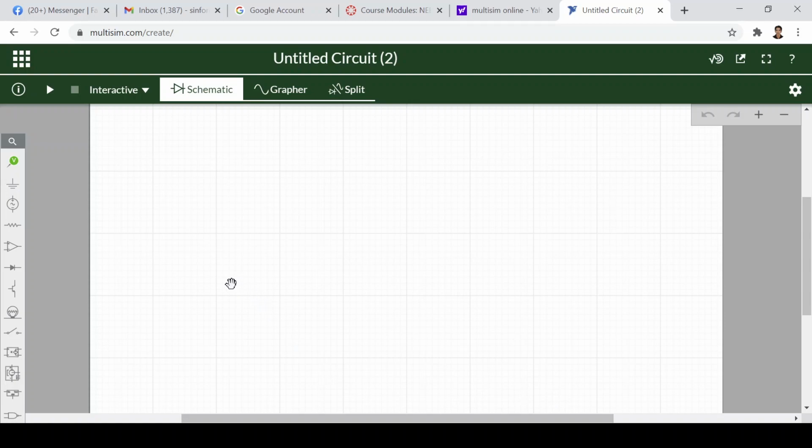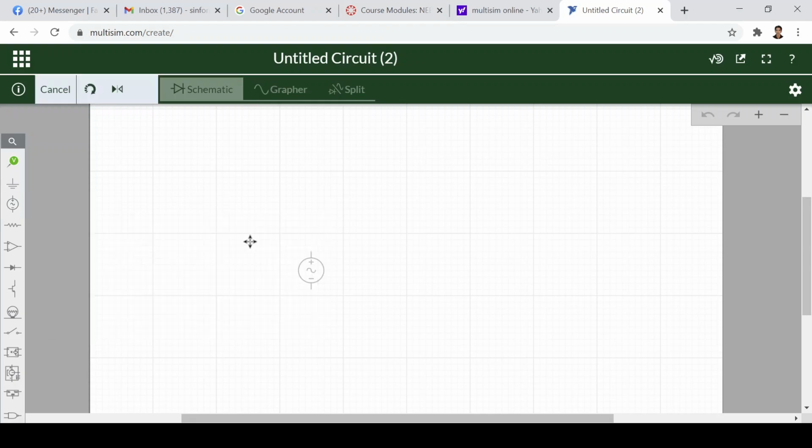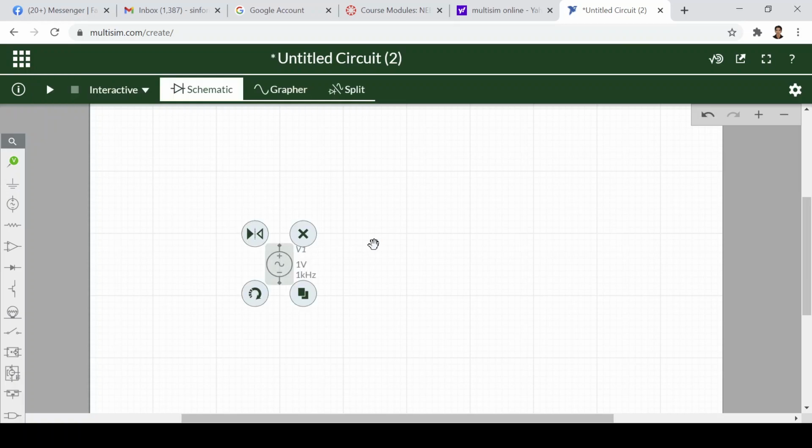In this experiment, we shall need to have an alternating voltage supply, following the lab work guide.